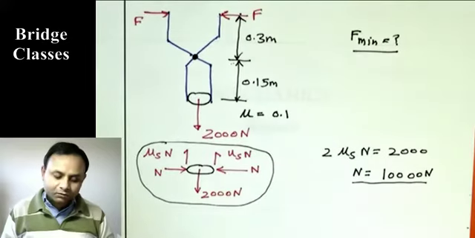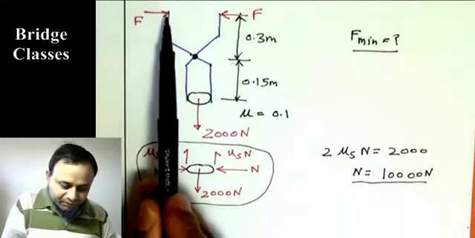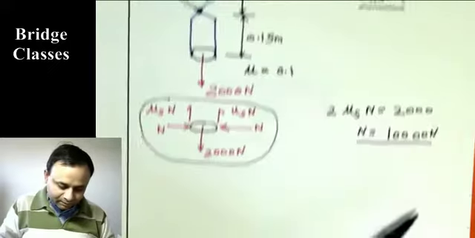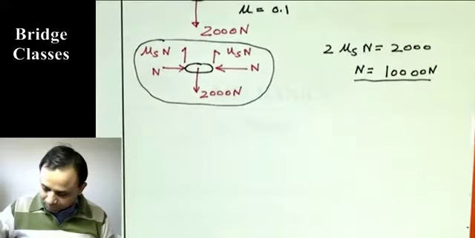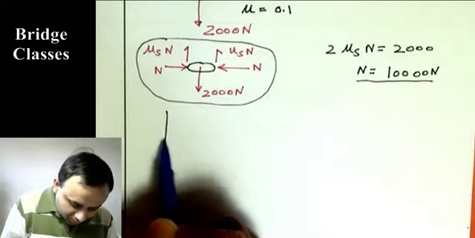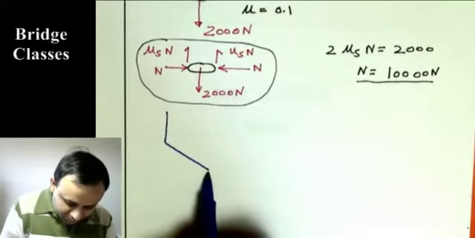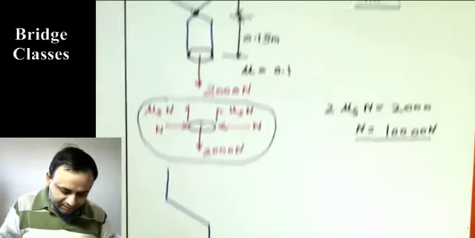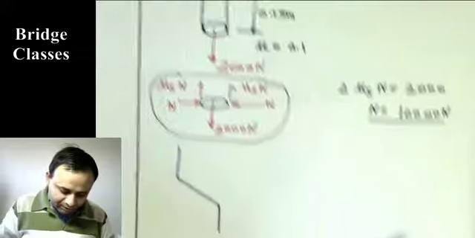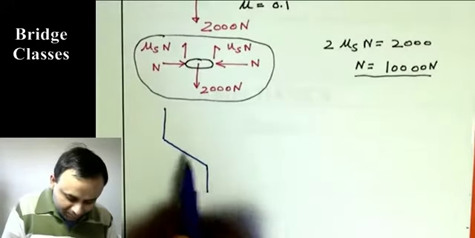But we have to determine this force F. So we can draw a free body diagram of this thing. Okay, so let me do that. For the tongue, if we draw the free body diagram, see, it has two arms. I'm drawing the diagram of just one arm.